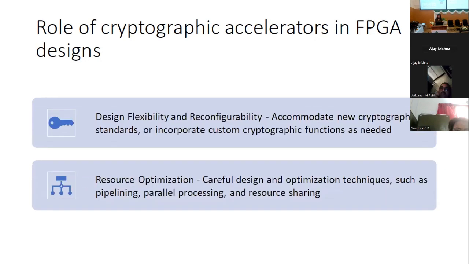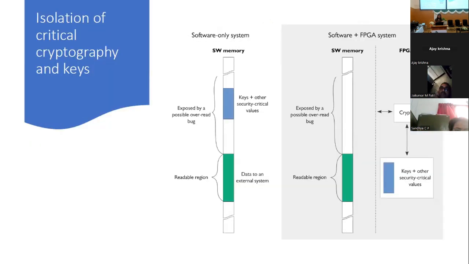Resource optimization we can do. If you know more about hardware languages like Verilog and VHDL, you can do more resource optimization. If you're a software engineer, you can do everything in software, but that has a limit. Design flexibility, reconfiguration, like I told you.